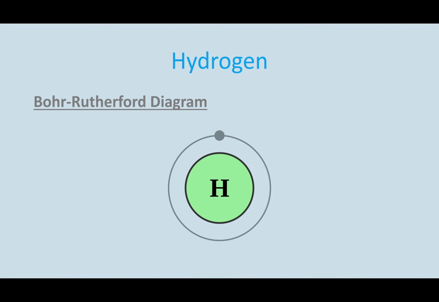And finally, the Bohr-Rutherford diagram. So looking at this, again, there is only one electron in the outer shell. So if it wants to have a completely full shell, in this case, it can either gain one or it can lose one, so it can do one or the other. And so this makes it highly reactive.